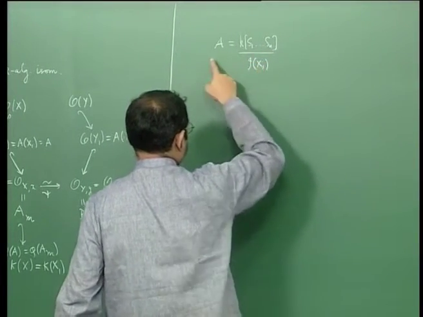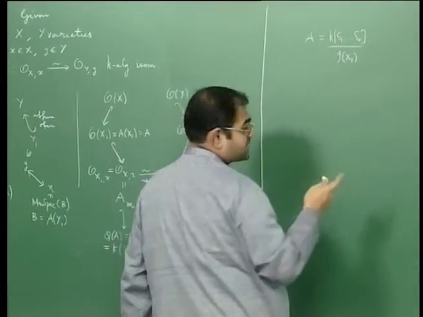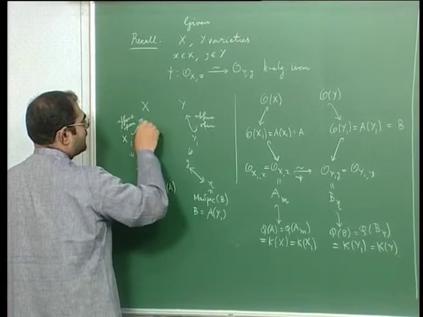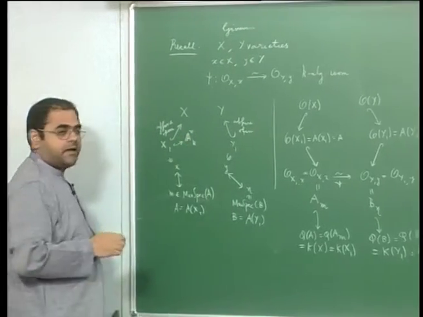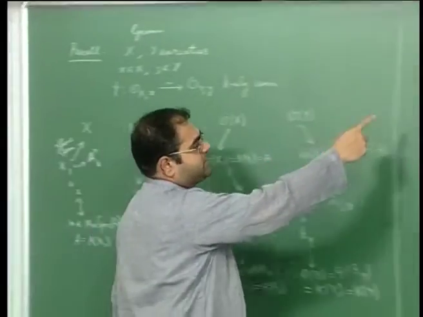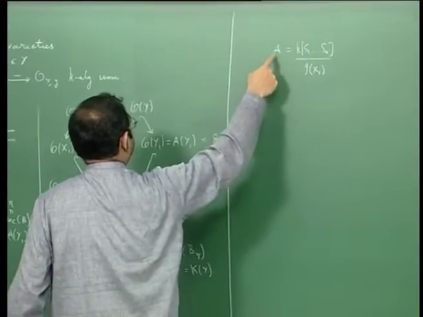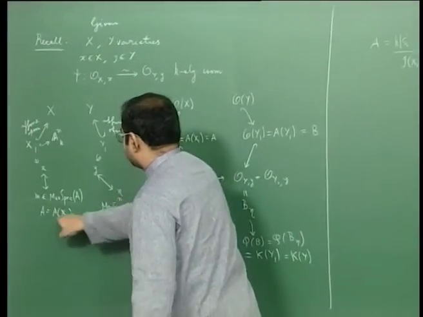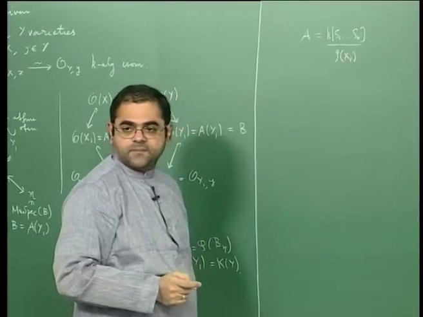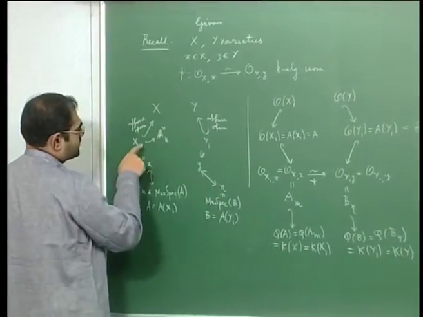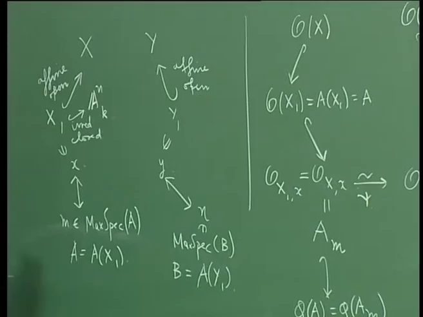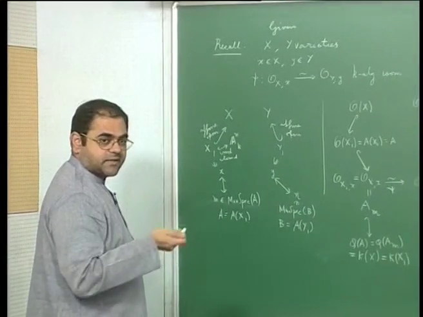This corresponds to putting, because x1 is an affine variety, x1 sits inside some A^n, and if you take the affine coordinate ring of A^n as a polynomial ring in the variables s1 through sn, then the affine coordinate ring of x1, which we call A, is going to be just this polynomial ring divided by the ideal of x1, where here x1 is being considered as an irreducible closed subset of A^n, which identifies it as an affine variety.